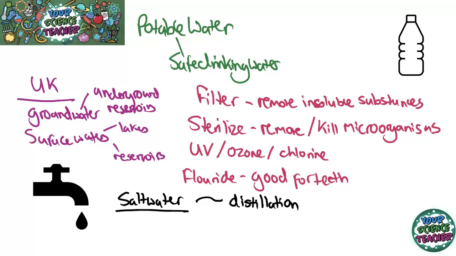You need some minerals in there to make it a little bit hard, things like fluoride or the metal ions. These are actually good for you. So distillation requires lots of energy to do, and it also produces pure water, which we don't really want. We want potable water, so we have to treat it further.